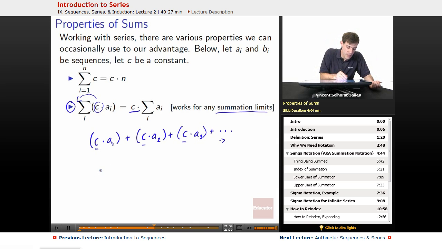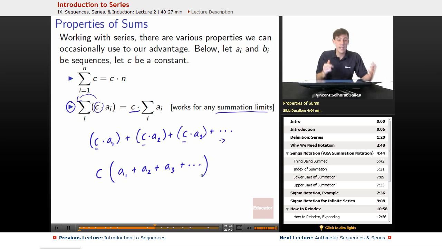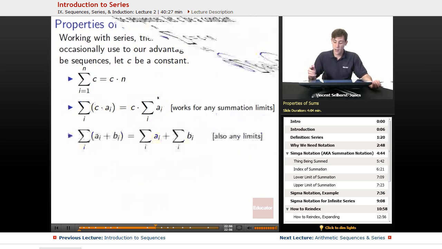We can pull out all the c's, so it's c times a_1 plus a_2 plus a_3 plus dot dot dot. So it's c multiplied against that entire series. It's not going to make any difference how we do it. This entire series, we can think of as c times a new series of just the a_i's changing, and that's how we get the same thing here.